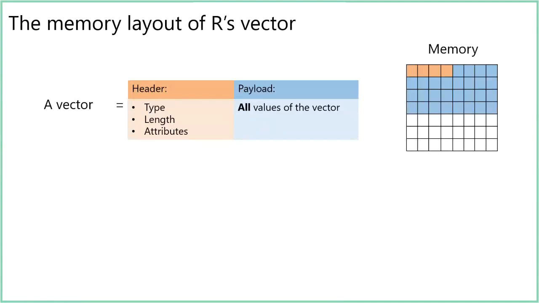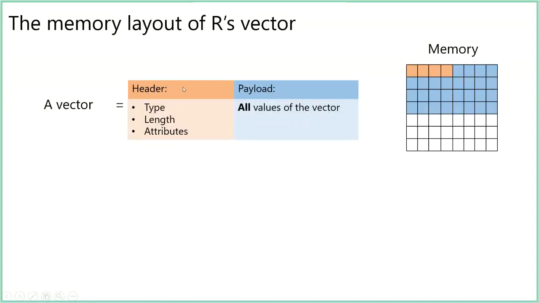Before I talk about the details of ALTREP, let's first see how an R vector looks in memory. If we know the motivation of ALTREP, we can have a better understanding of it. A vector in R is just a header plus its payload.